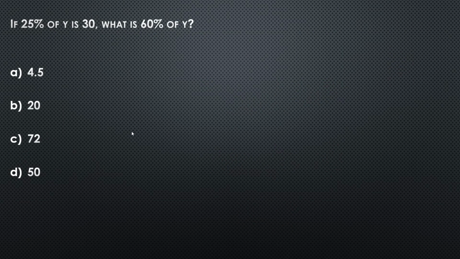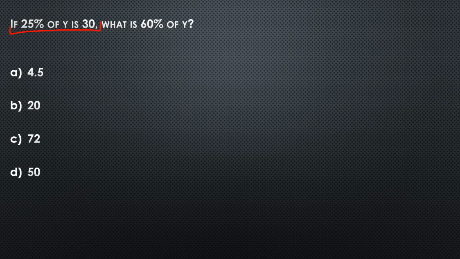Our next question says, if 25% of y is 30, what is 60% of y? This question is tricky just because we haven't done one like this before, and it's kind of two steps. The first part of our question is this right here. So if 25% of y is 30, once I figure out what y is, then I need to figure out, well, what is 60% of y?